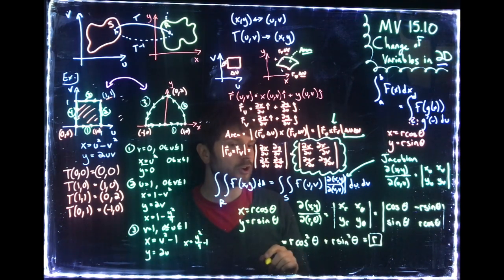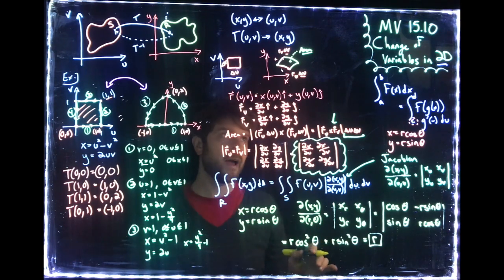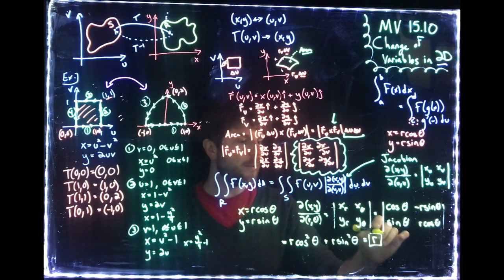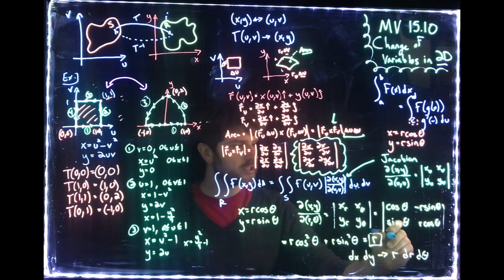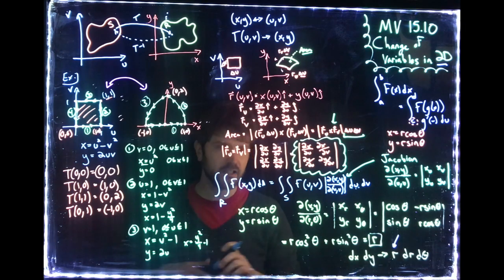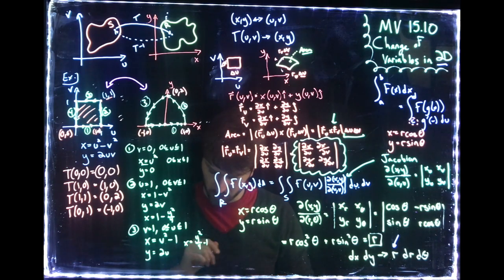And this is an alternative explanation from a mathy or change of variables background about why dx dy turns into r dr d theta. The r is the Jacobian, that extra r is the Jacobian of the transformation from Cartesian coordinates to polar coordinates.